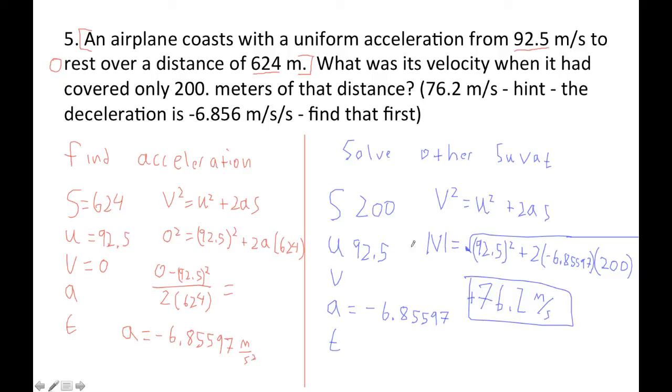There you go. So these problems, basically the pep talk is find the acceleration. That's going to be the first thing to do, right? Then take that acceleration and toss that thing into your other SUVAT. You'll have to SUVAT twice. You're going to have to figure out which things are relevant, right?